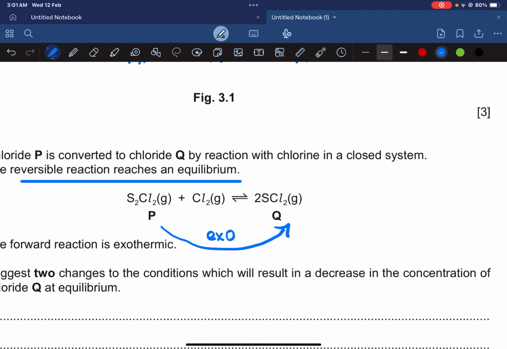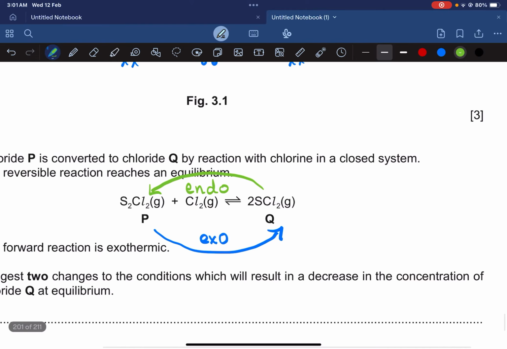Whenever they tell you that the forward reaction is exothermic, always remember that the backward reaction is going to be endothermic. And when they tell you that the forward reaction is endothermic, the backward is exothermic. So in a reversible reaction, if the forward reaction is exo, the backward is going to be endo, and if the forward is endo, the backward is going to be exo, because they're always the reverse of each other.